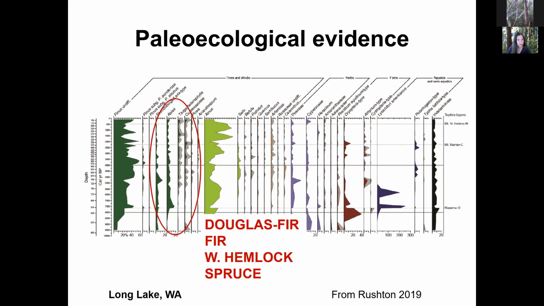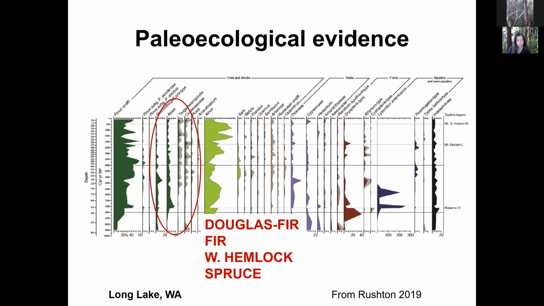And we can look at other species, Douglas fir there on the left in the circle part. There's actually more Douglas fir in the past, especially during that warmer and drier period, than there is now, believe it or not. We have fir, the abies, which has been pretty constant over time, but was more abundant before that warm and dry period in the early Holocene.